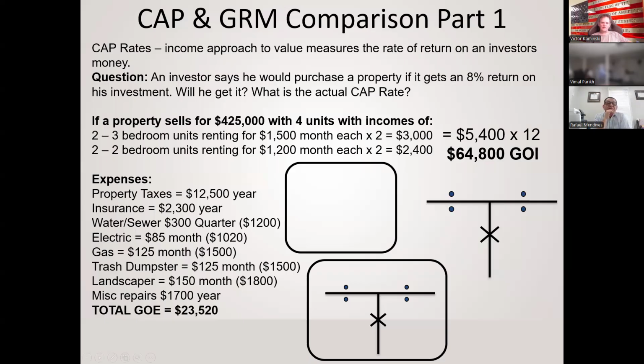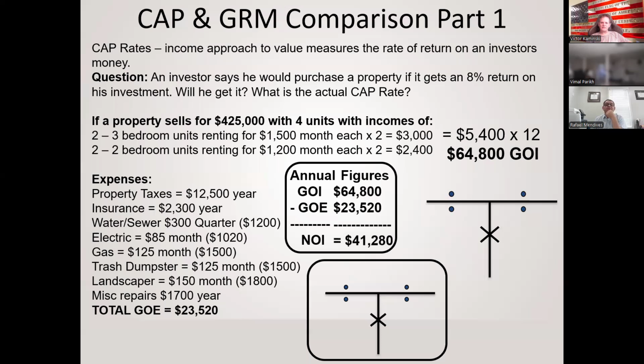Okay, so we subtract the annual expenses from the annual income. So we got to take those annual figures. GOI minus GOE equals the NOI. And so we got that 64,800 minus the 23,520 equals the net. Now what do we do?